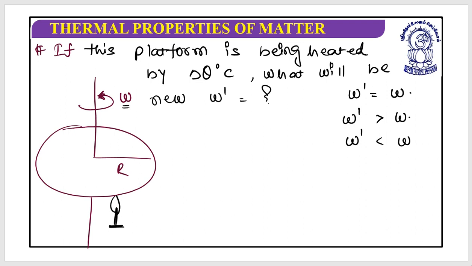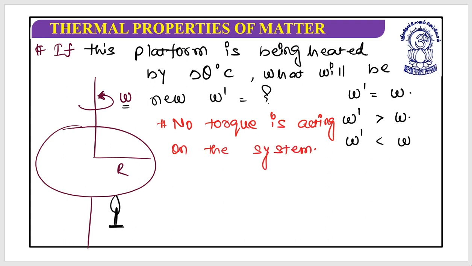What I understand is that in this situation, no torque is acting on the system. And when no torque is acting on the system, that means L equals I omega, and that would be equal to a constant.